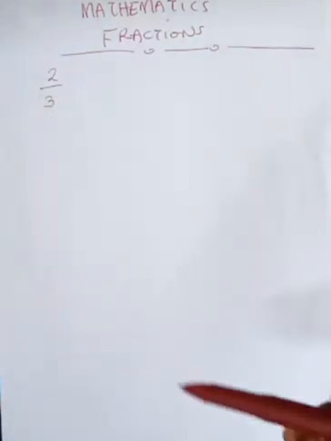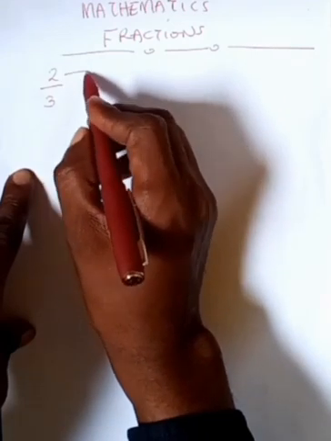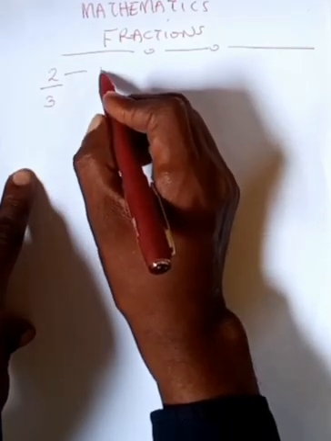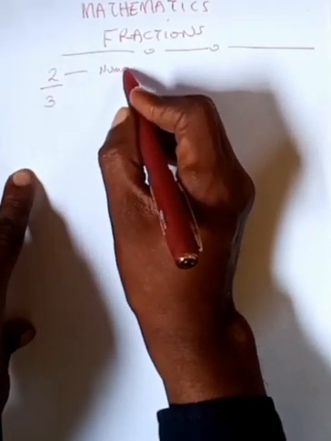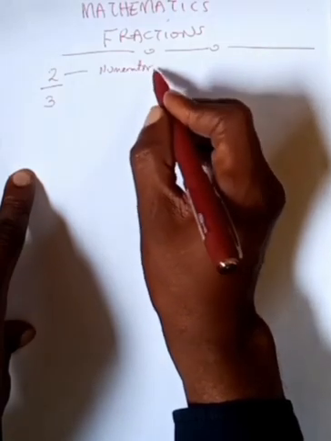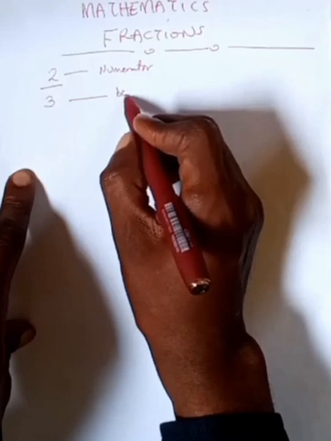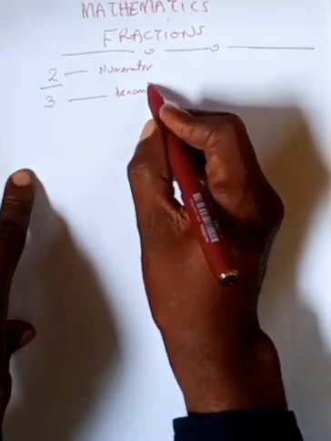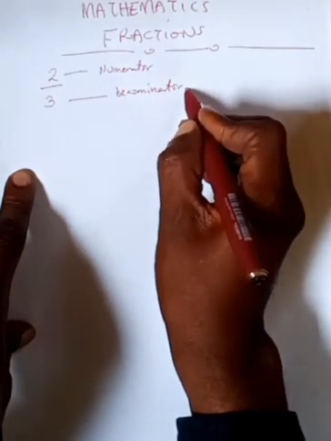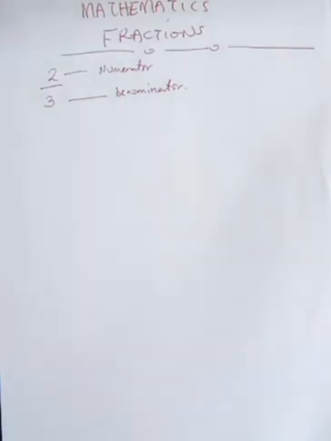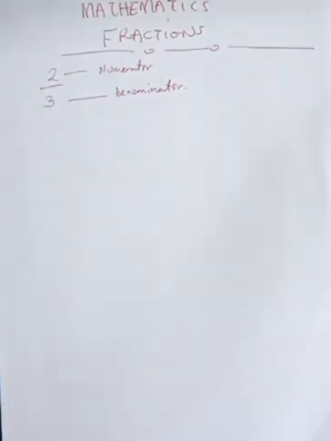The one above is identified as the numerator, while the one below is what we call the denominator. So any expression of this form, with one number over the other, is what we term a fraction.